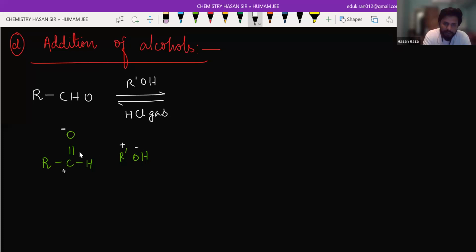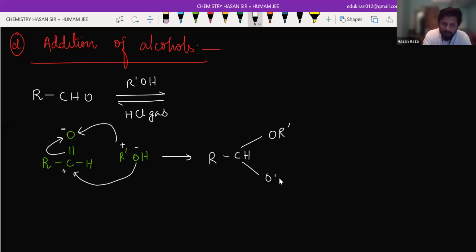This has positive, this has negative. So this bond will be broken. This positive will go with this and this negative will go with this. So basically you will get CH, I'm going to write it like this, and then R is there, two bonds here, and O negative, it is going O R dash, and then this will be like this. Yes or no? Tell me. Can I write this?